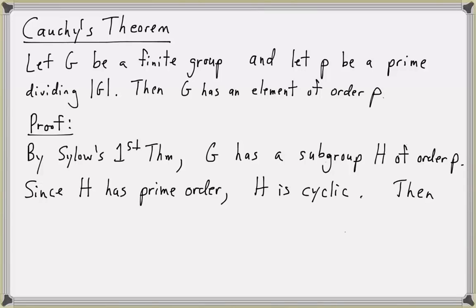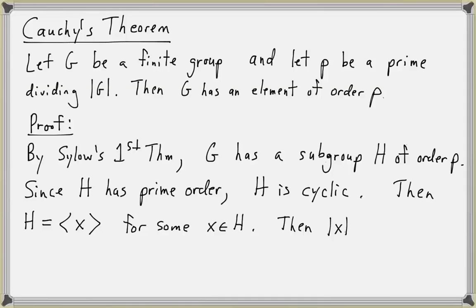So then we can write H as the cyclic group generated by some element X, for some element X in H. But then the order of X equals the order of the cyclic subgroup generated by X, and that is equal to P. So X is the element of order P. So again, Sylow's first theorem is very useful, and gives us a quick proof of Cauchy's theorem.